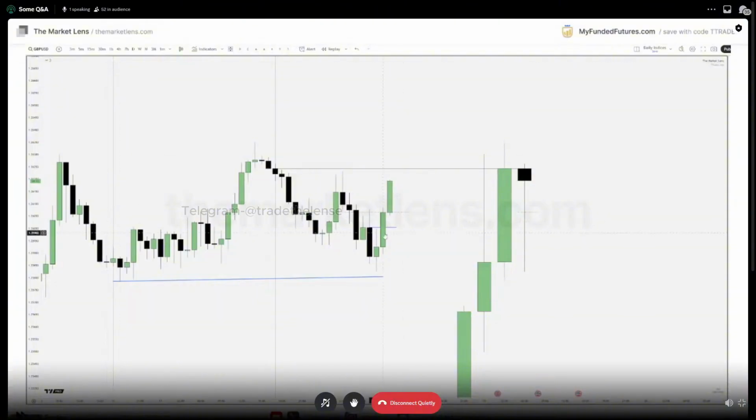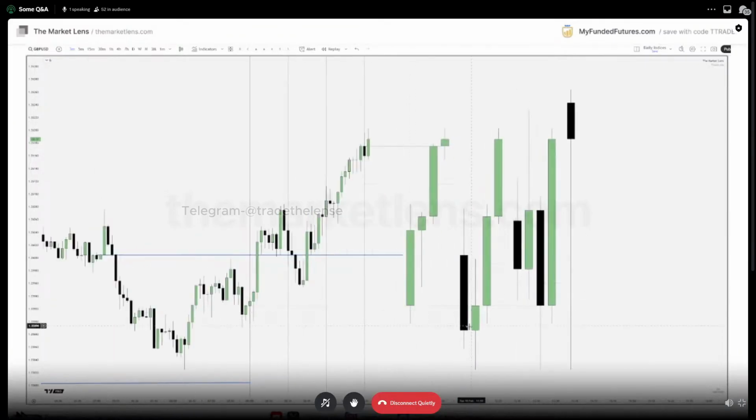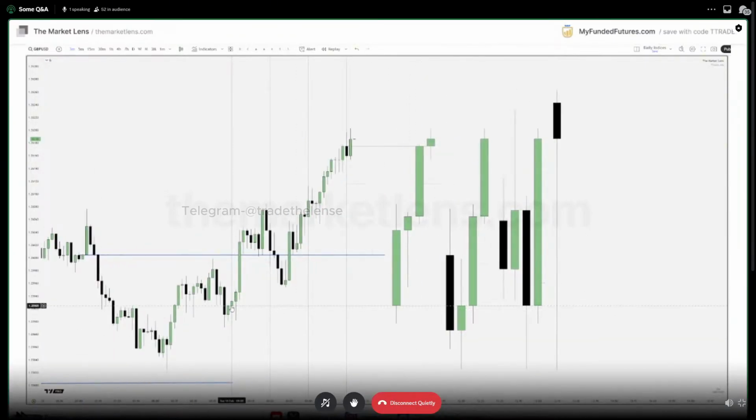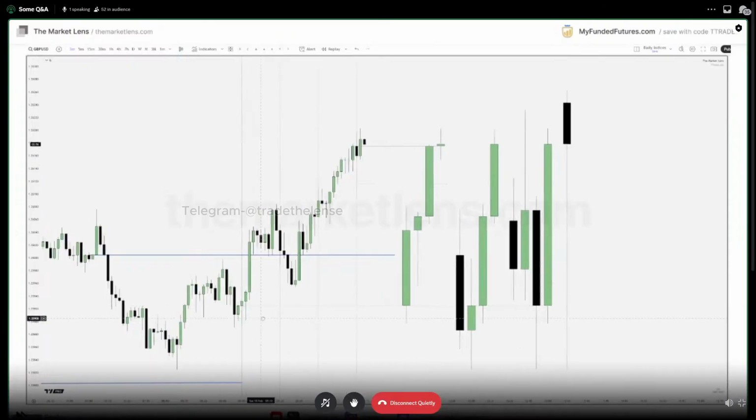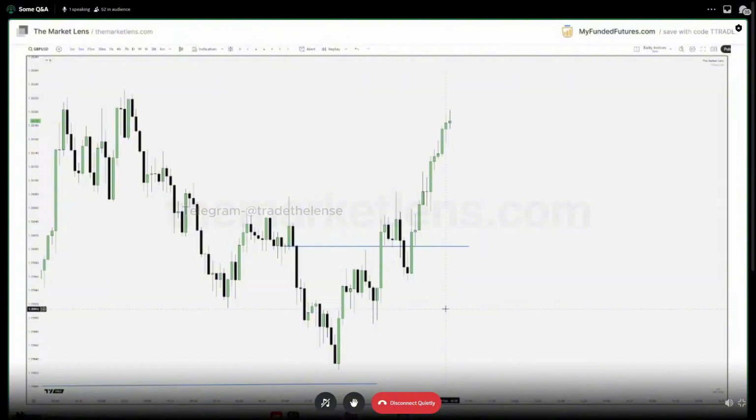For the 10. Or yeah, 4x is 9, my bad. So we can use either of those, and then we will click this button, go down to the 3-minute, and here is our 4-hour open. And we just want to see what forms there. Real quick, we'll take a look at the 5-minute.